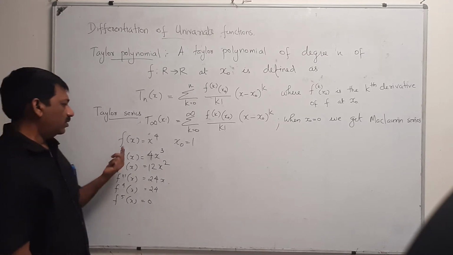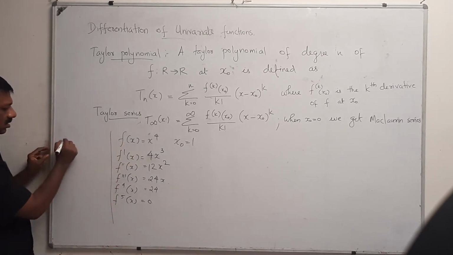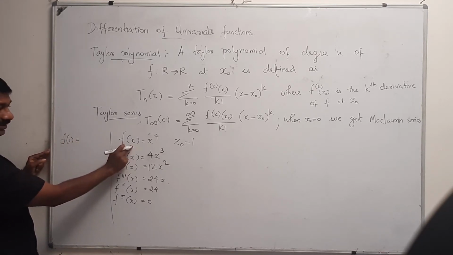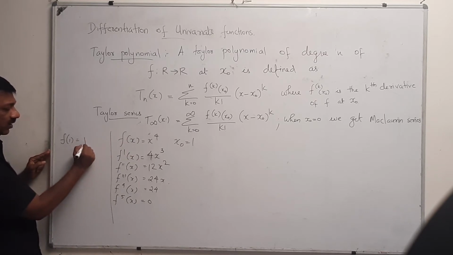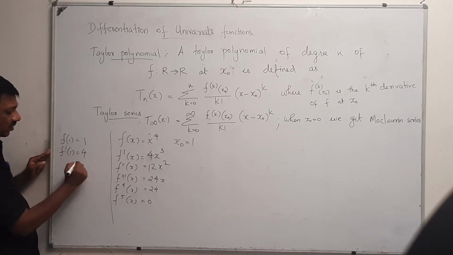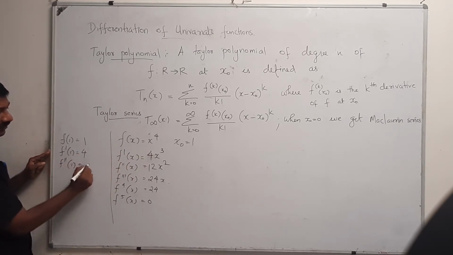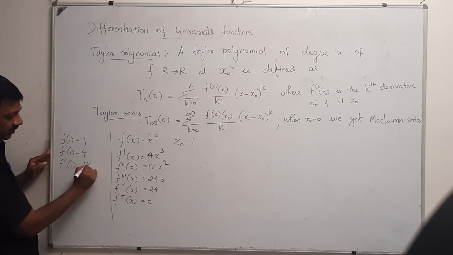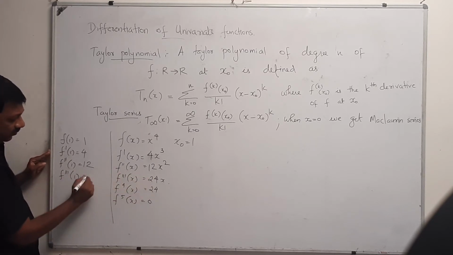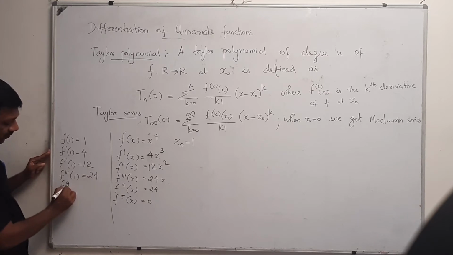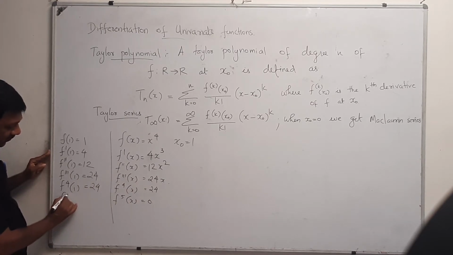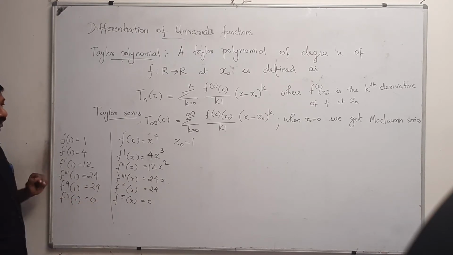Now if you put x equal to 1, what will be the value of x raised to 4? 1. Then f dash 1 is 4, f2 dash 1 is 12, f3 dash 1 is 24, f4 of 1 is 24, and f5 of 1 is equal to 0.